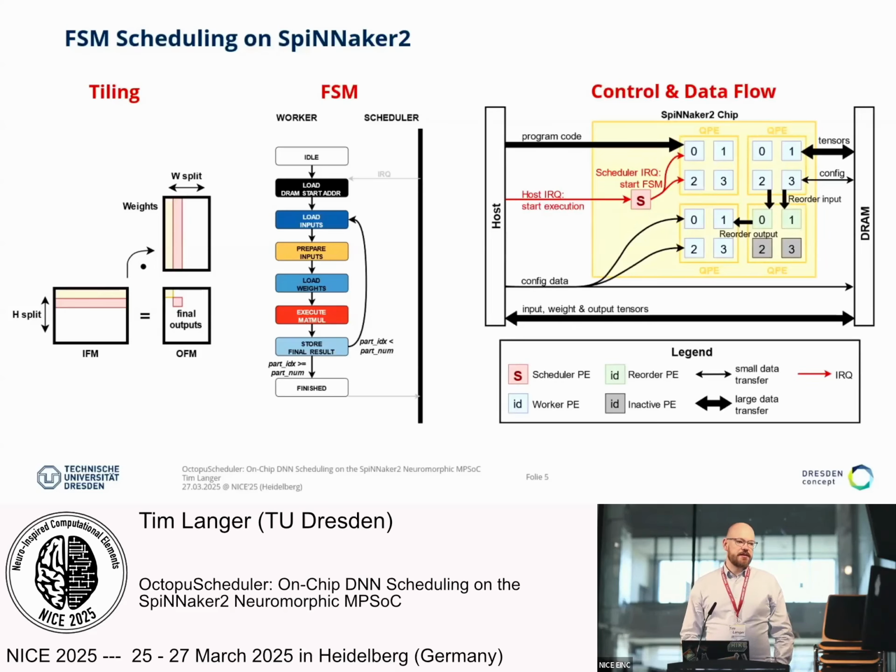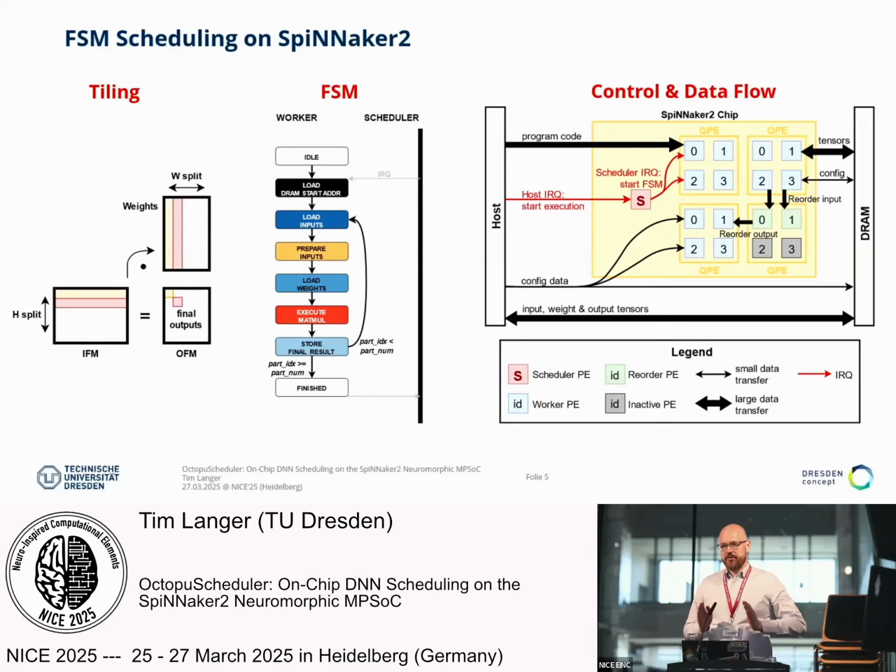And this is an overview of the control and data flow. So what's happening here is that we want to run this single layer, and we want to run it as an experiment for verification, to see if the scheduler works correctly. So we transfer the data to DRAM, it lies there, and the configuration is stored in the PEs.